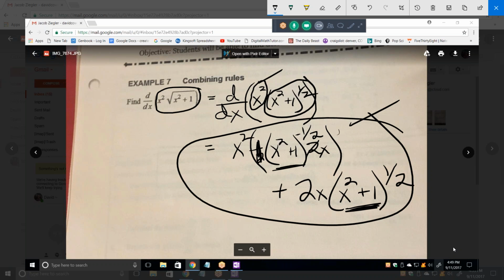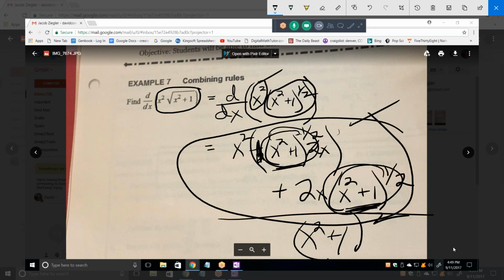Usually the simplification that requires the really hard algebra is when you're using the quotient rule, because you have a denominator. And frequently, both terms in the numerator have the term that's in the denominator. Notice that if I was dividing by x squared plus 1 squared, now my numerator has an x squared plus 1 in both pieces of it.